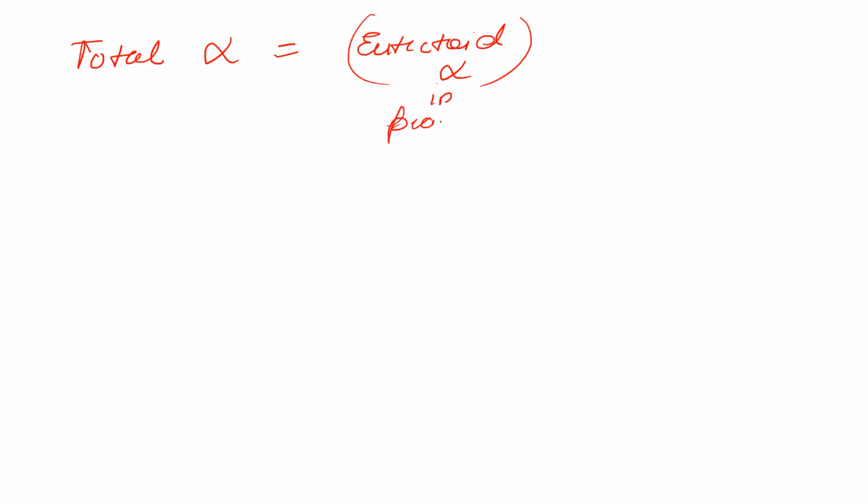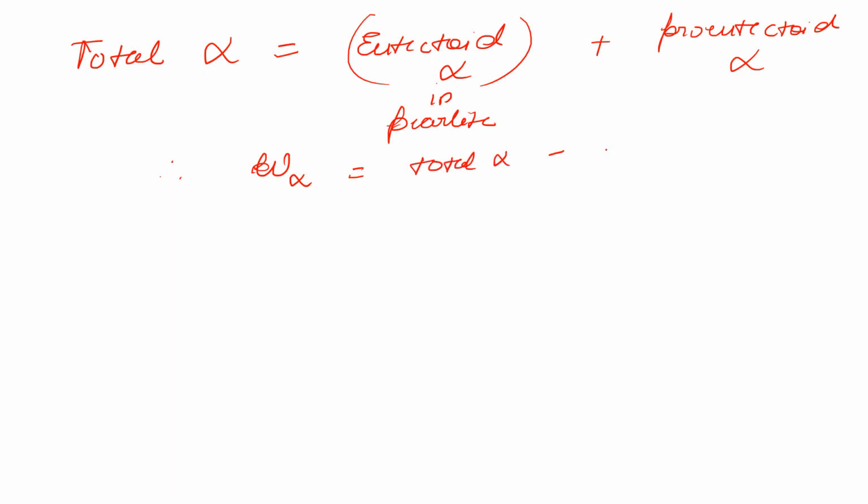Therefore, we can tell the mass of the eutectoid ferrite. Since total ferrite consists of eutectoid ferrite, which is formed in pearlite, by the way, and the proeutectoid ferrite, which is already formed before the eutectoid point, the eutectoid ferrite W alpha is given by total alpha minus W alpha prime.